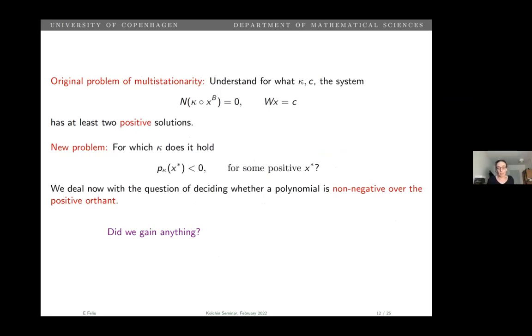Apparently, one might think, have we gained anything? I mean, this is still a question in semi-algebraic geometry that is still difficult to answer. But here, the trick is that it opens for the use of some polyhedral geometry techniques, which is what I will tell you about. And the story is as follows.